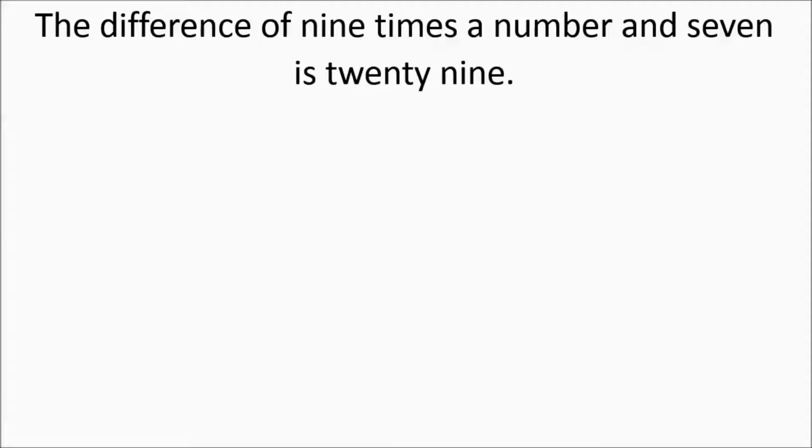The difference of 9 times a number and 7 is 29. A lot of words going on. Let's break it down. When you see the words the difference of, the operation that's going on is subtraction. I'm going to go ahead and write down a minus sign since difference means subtraction.